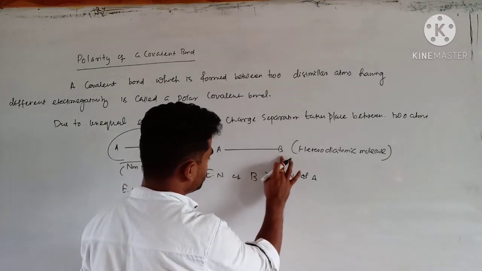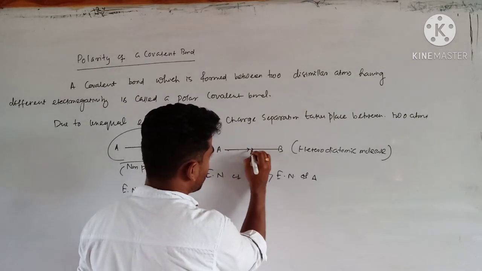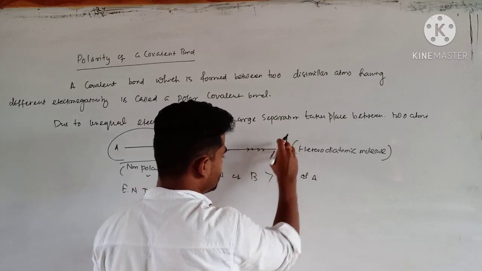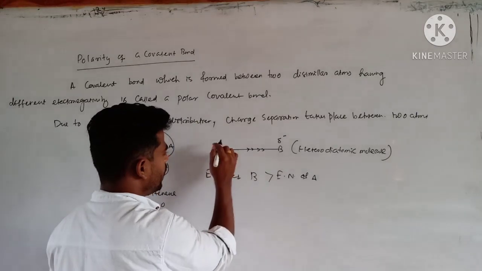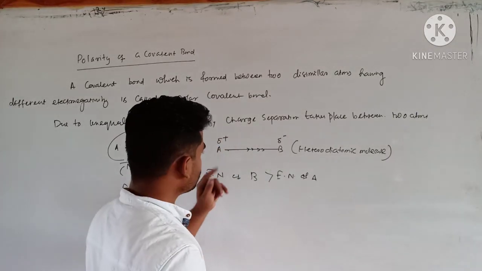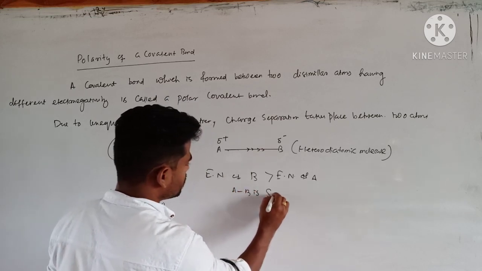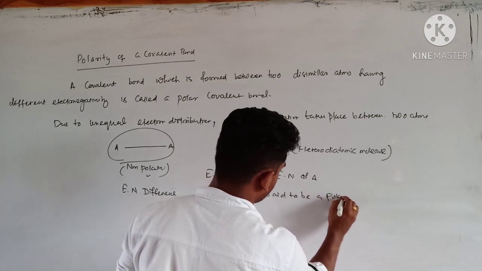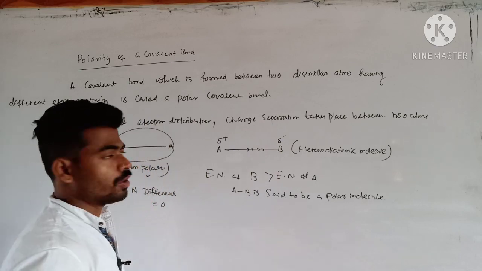Since B is more electronegative than A, the shared electron pair is more attracted towards B. As a result, the electron density at B will be maximum, so it gets a partial negative charge and A gets a partial positive charge. That's why AB is said to be a polar molecule.